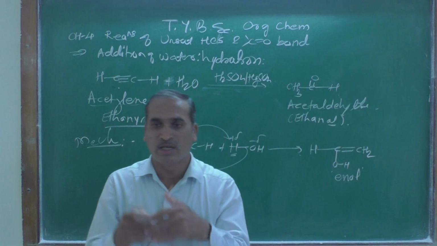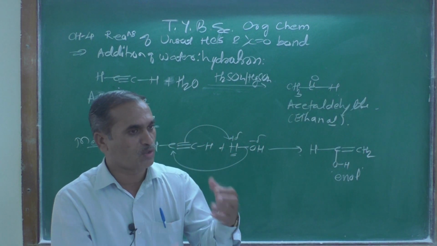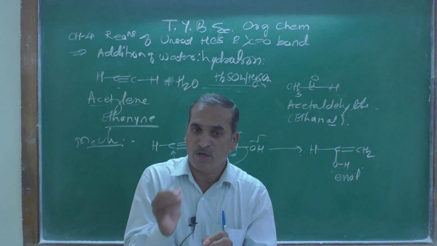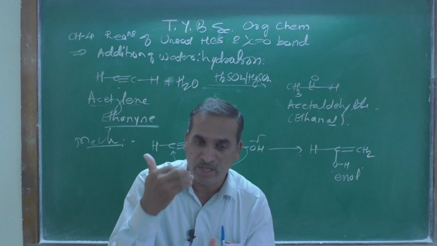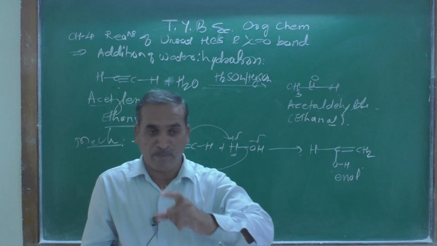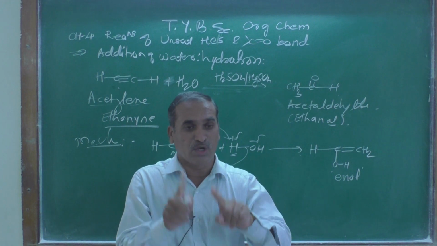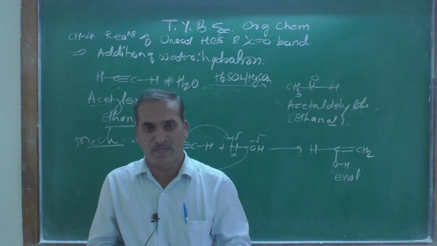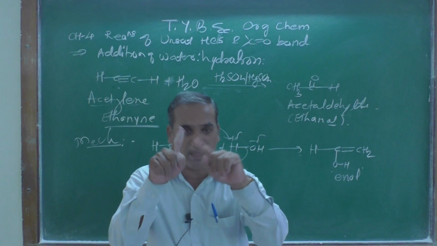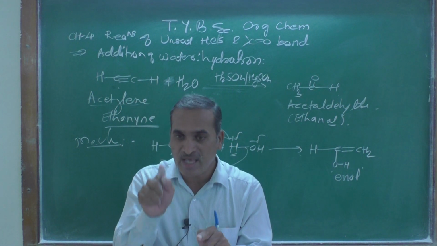Remember enol, enolate, and epoxide. These are words we frequently use while studying this course. So what do they mean? Epoxide, you know, is a three-membered cyclic ether.